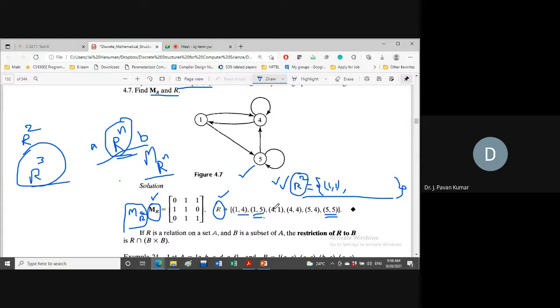Obtaining R2 is somewhat easier, but obtaining R3, you feel it's not complete. Even if you obtain some set which contains tuples in R3, you cannot feel this is the complete list.